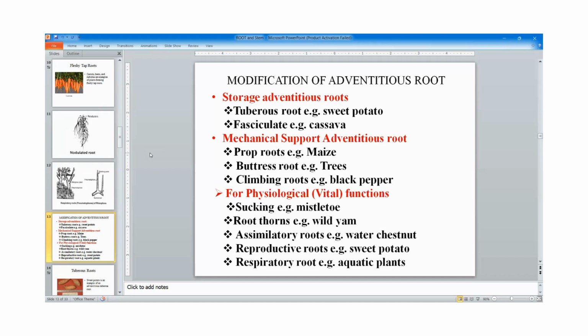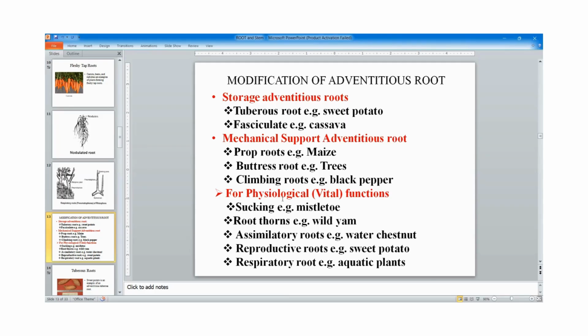Also, root can be modified for support, like what you have in prop root in maize, buttress root in trees, like local trees or other woody trees. Some are modified for climbing, like black pepper, African walnut.